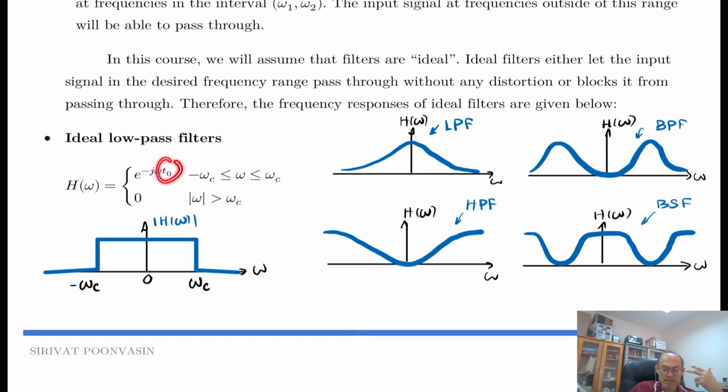But sometimes the filter does delay the input by the time t0. So we might have this complex exponential, because we know from the time delay property of the Fourier transform, if we delay the time domain signal, it means that we are multiplying the frequency domain signal by the complex exponential like this.